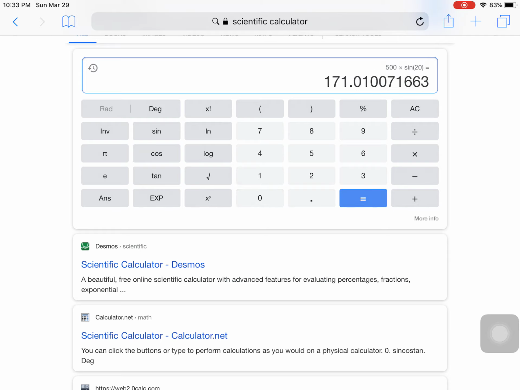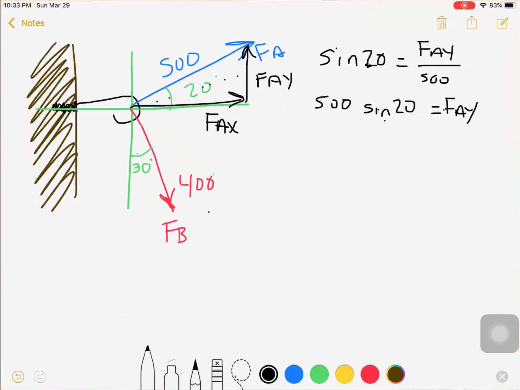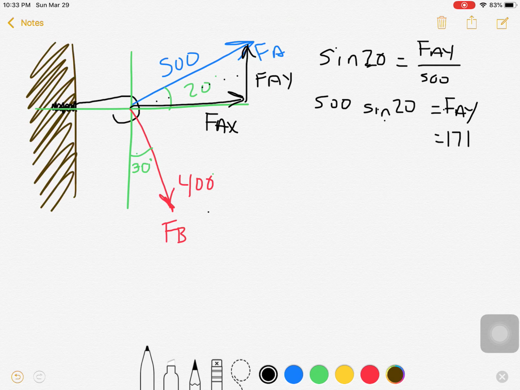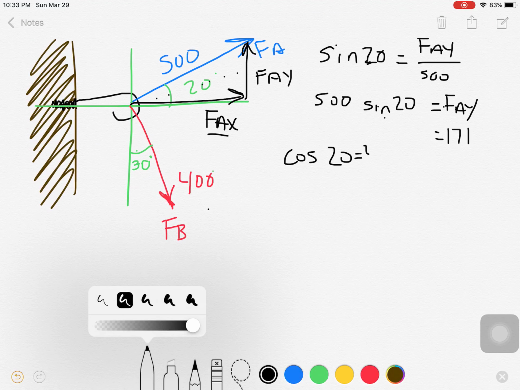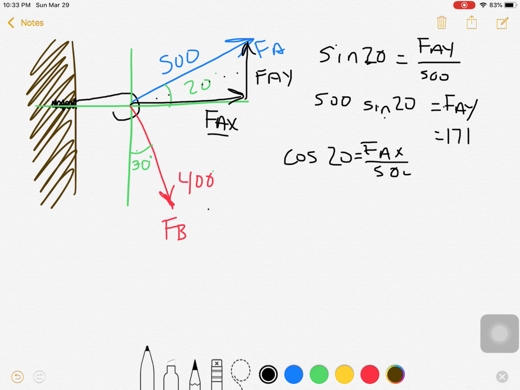$171. All right. Now we'll go ahead and look at force AX. So 500 times the cosine. Well, let's do the whole thing here. So the cosine of 20 degrees is the adjacent side, which is force AX, over the hypotenuse, which is 500.